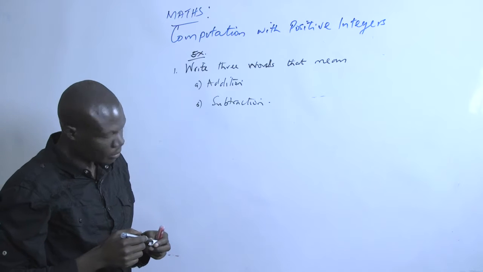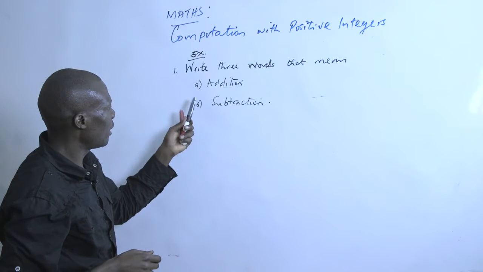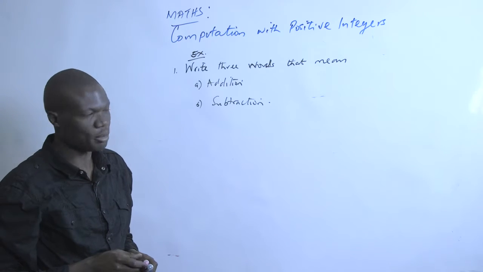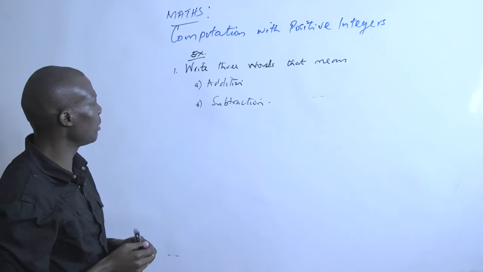Write 3 words that mean A, addition, and then B, subtraction. We shall go as we handle each at the same time.